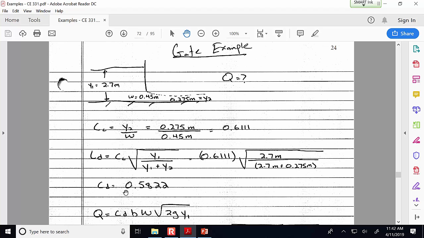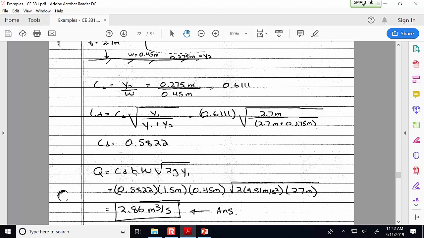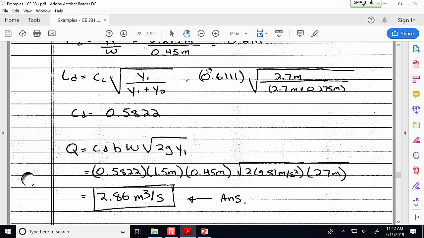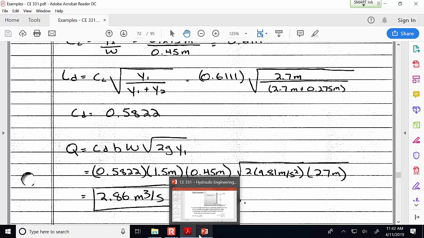Coefficient of discharge 0.5822, and then when we put all of that into the equation for the flow rate, it should be 2.86 cubic meters per second. Any questions about how to calculate flow with an underflow gate?